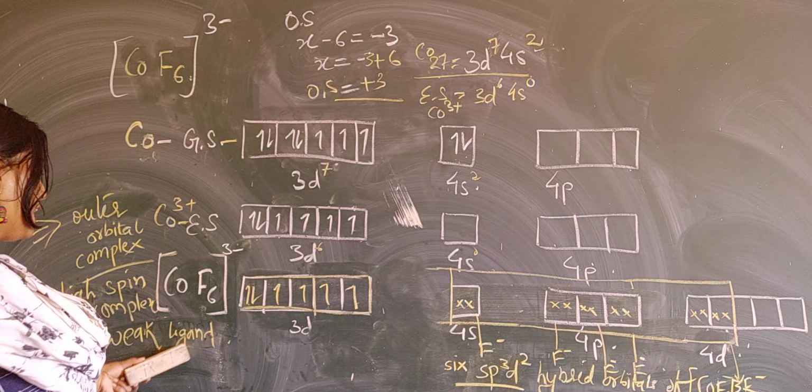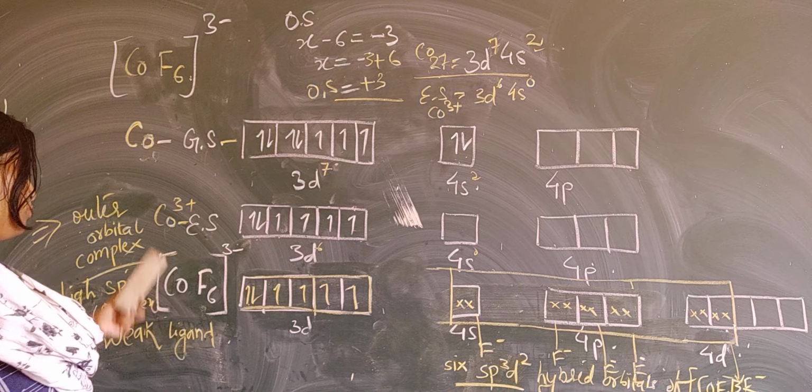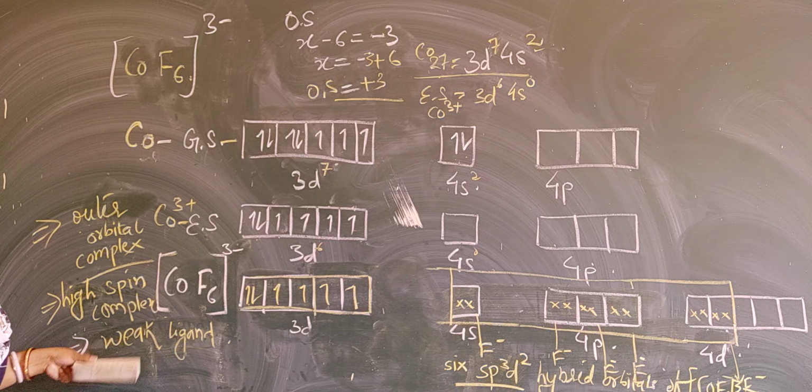Understood? So these are 3 points: if you remember one, you will remember the other 2 also. Weak ligand. Under the influence of weak ligand, there will be no pairing. And if there is no pairing, outer orbitals will be used, so outer orbital complex. And as unpaired electrons are present due to the weak ligand, unpaired electrons will always result in more spin, so this will be a high spin complex.